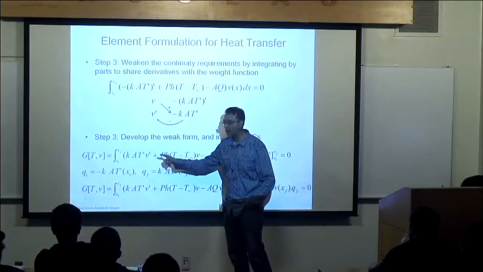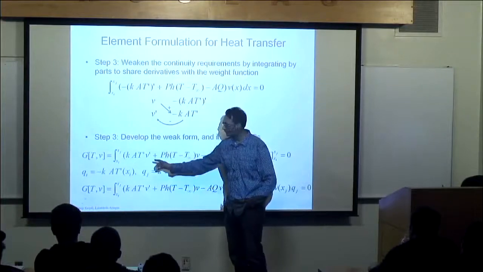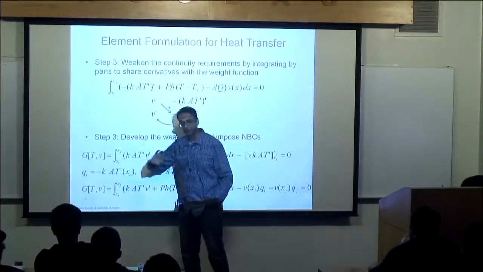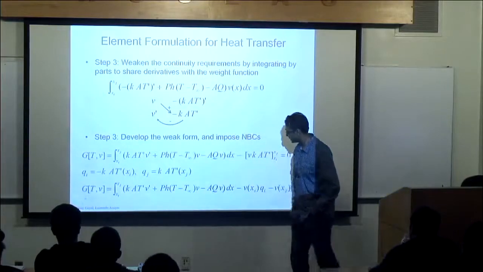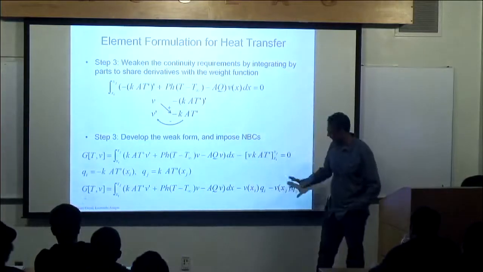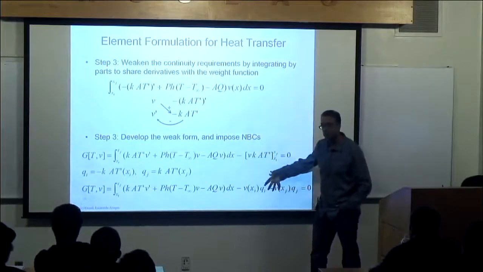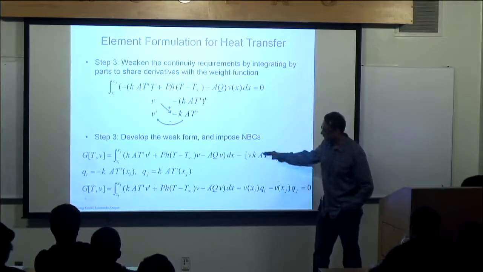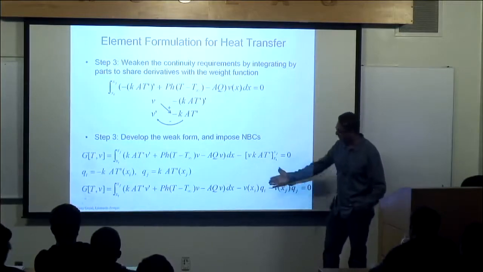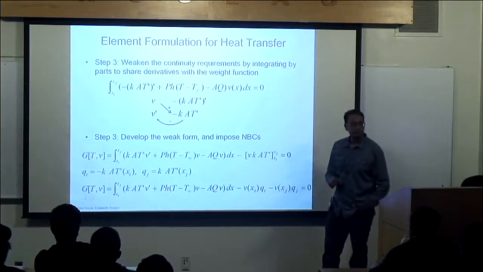In this case, the QI has been reversed in sign, but I'll show you later how that works. The important thing is that this is minus and minus. I want to keep it that way so that when I bring it to the other side, they have a positive sign. You can work it at home to see it works out. So that's a weak form right there. Any questions on that? Very quick, very simple.